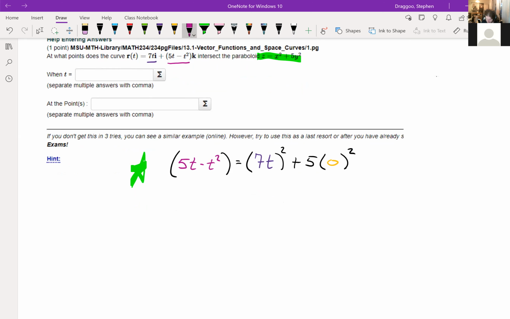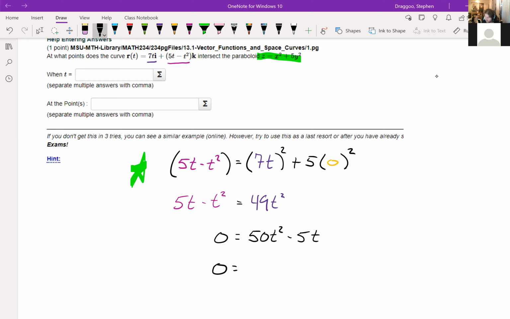Foiling some stuff out, what do we get? 5t minus t squared is equal to 49t squared plus 0. If I start grouping, I add t squared over, so this gives me 50t squared minus 5t. Since this is equal to 0, I don't want to divide by t because that would mess me up.